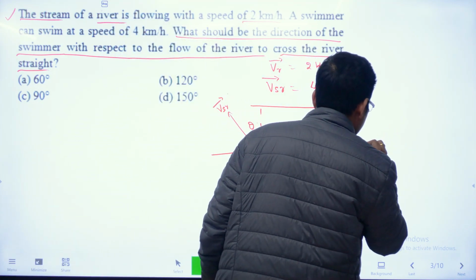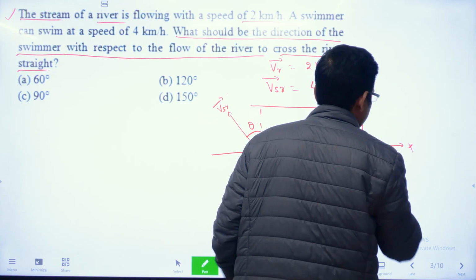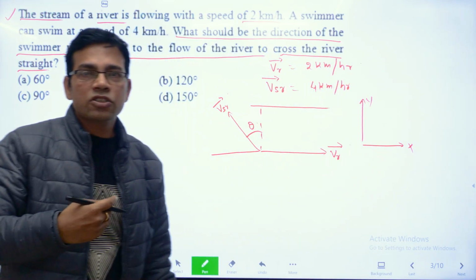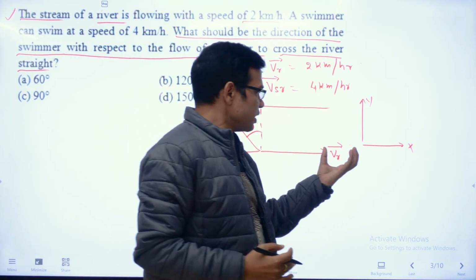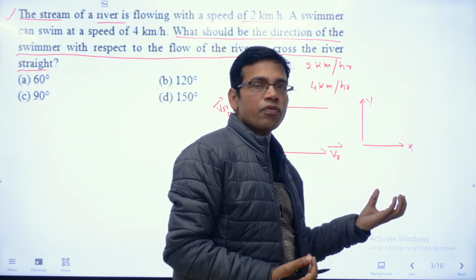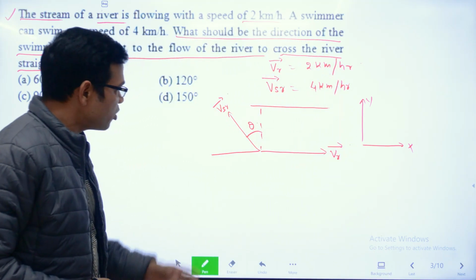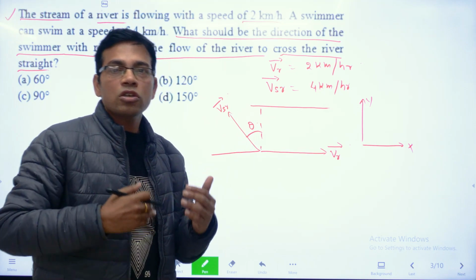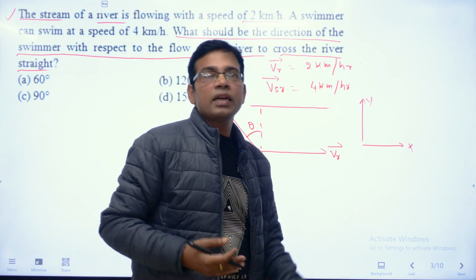If we consider this as the x direction and this as the y direction, with the flow of the river along the x direction and the perpendicular to the flow being the y direction, then the component of the velocity of the swimmer with respect to the ground along the direction of the river will be 0.